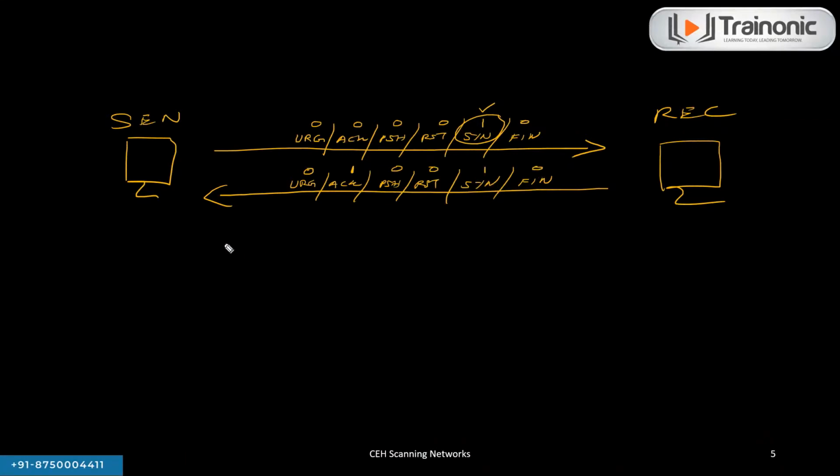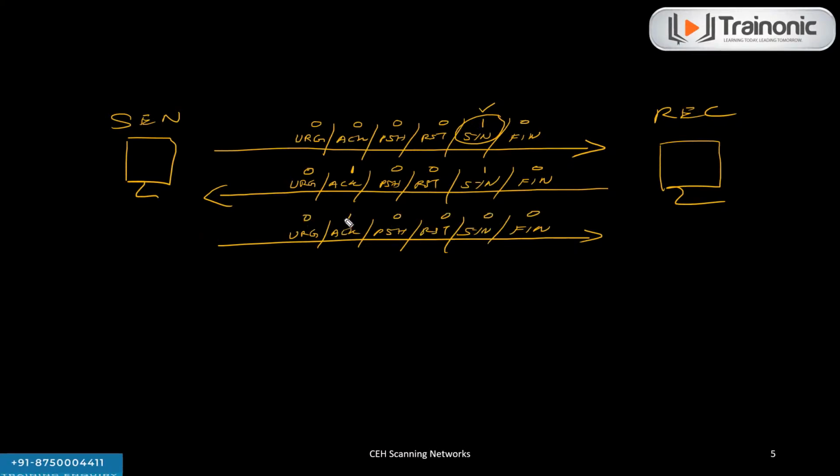For that SYN, the next answer comes to the receiver with all the flags in the header: push, reset, SYN, and fin. When it comes back to the receiver, it gets everything 0 or 1, except the acknowledgement. So this is known as SYN, SYN ACK, and ACK.